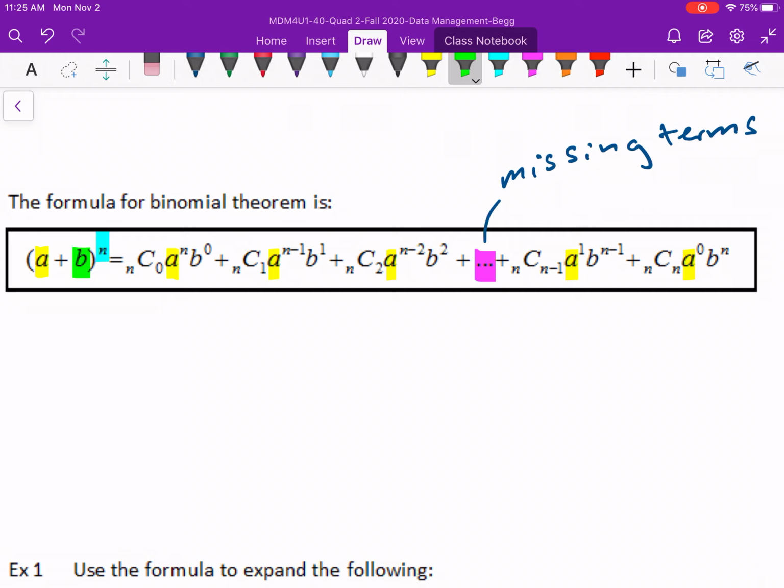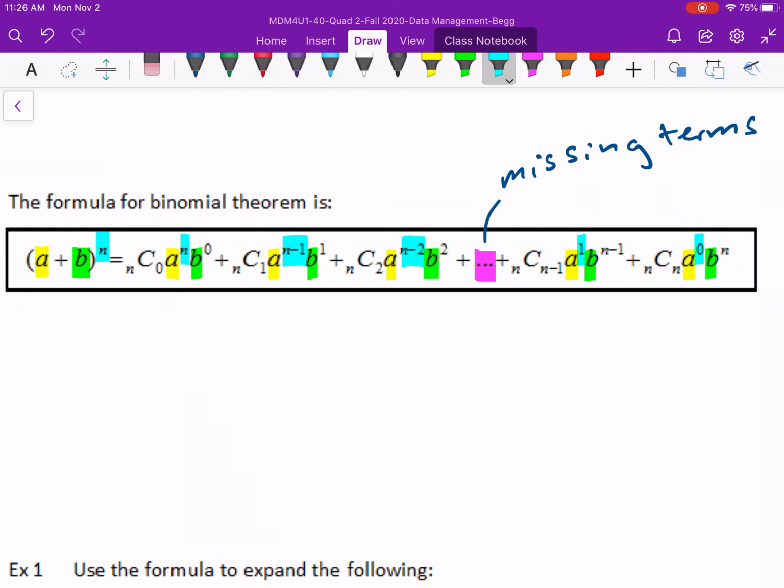And then the b, we put that into each of our terms of our expansion as well. And the only thing that changes in each case is our exponent. First, we start with an exponent of n on the a term, and then we do n − 1, and then n − 2, and then there are some terms missing, then we get down to 1, and we get down to 0. Anything with the exponent 0 is just the number 1, so that a term disappears in the last overall term.